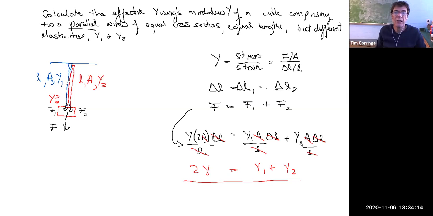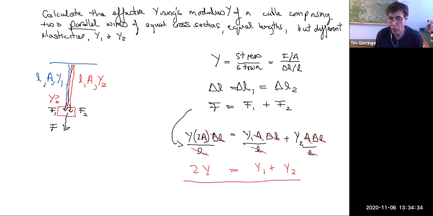Again, it's often useful to stand back from that equation and think whether that equation makes sense to us. And one way to check that it made sense was supposing the two parallel wires are actually the same material.